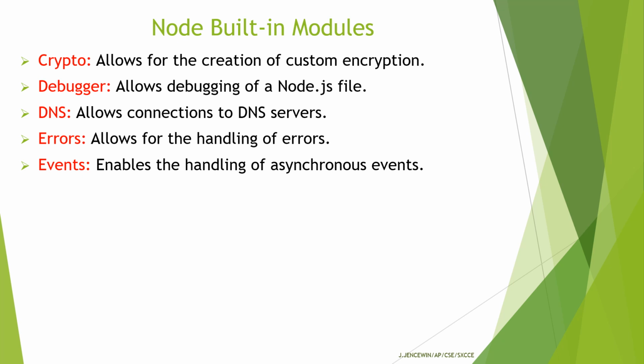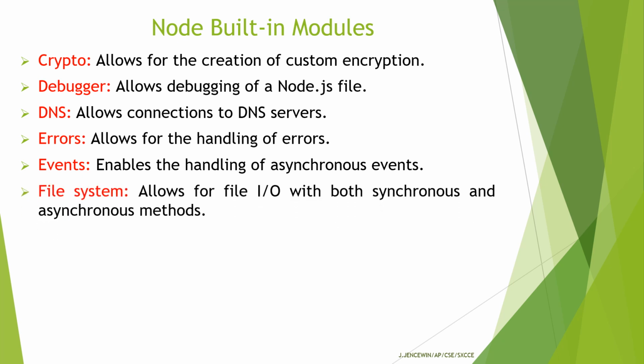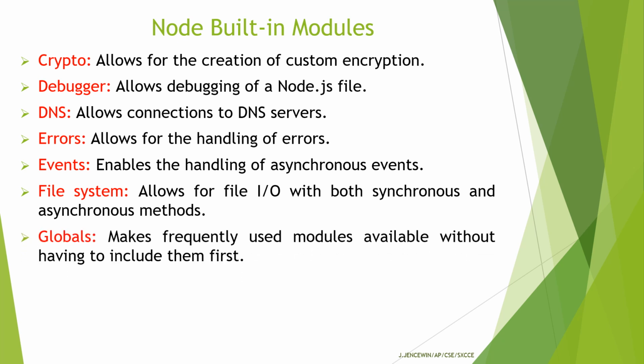Node.js follows the event-driven architecture, so this events module provides different functions for handling asynchronous events. File system module, this provides different functions for working with the file system, with both synchronous and asynchronous methods.